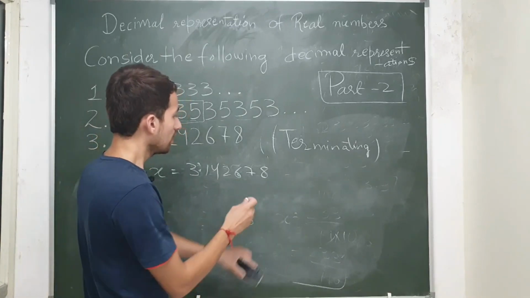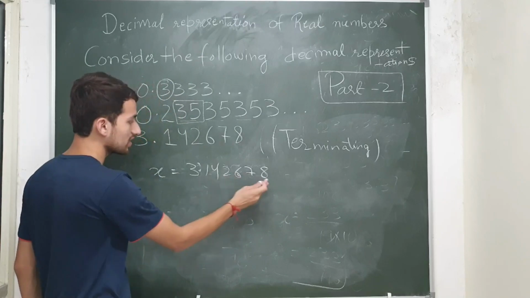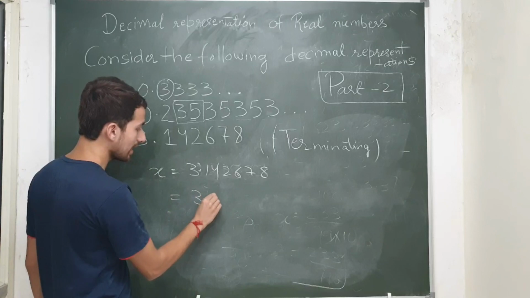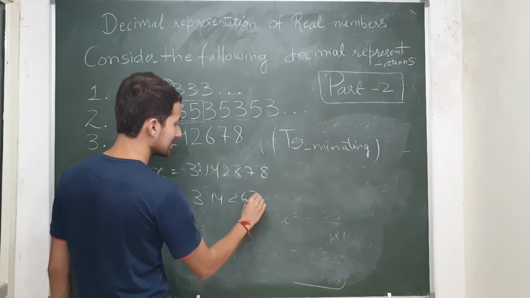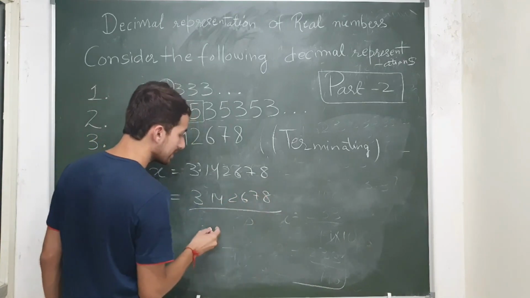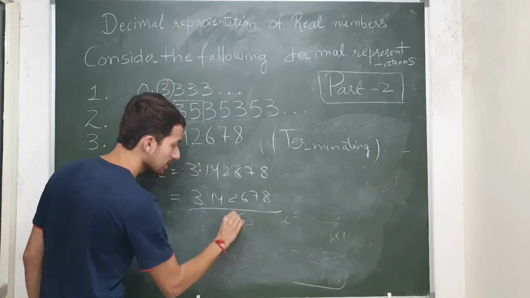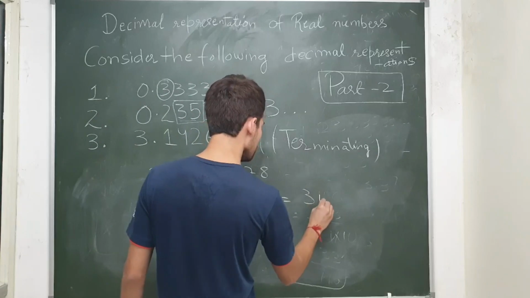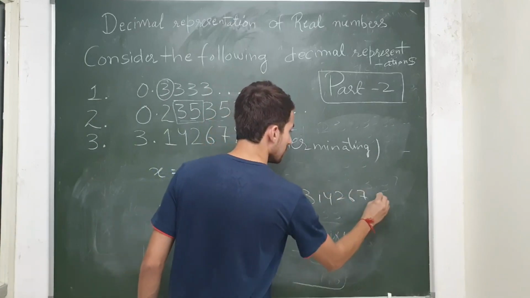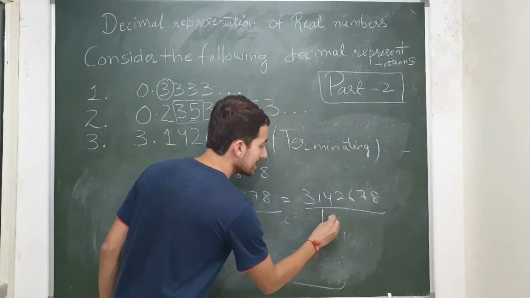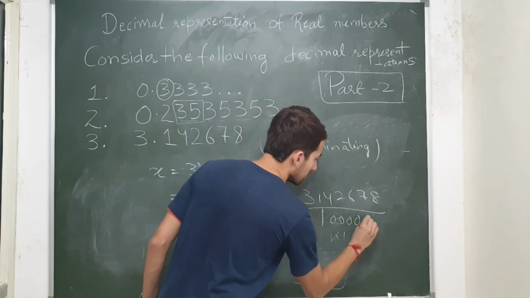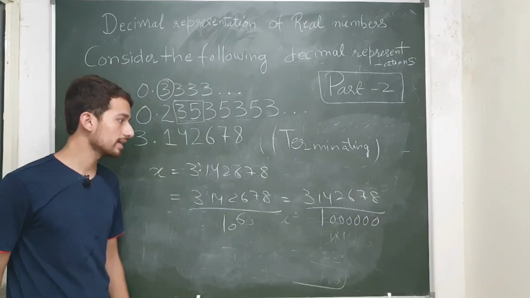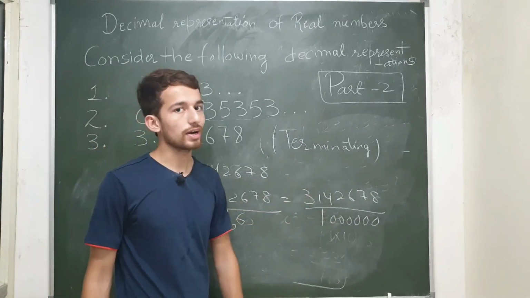If you see now 1, 2, 3, 4, 5, 6, after 6 places your decimal is there. So I will simply write this expression as it is and divide this quantity by 10 raised to the power 6. And if you expand this, that is, after 1 write 6 zeros. Fine, so this is your required p upon q form, and it is the required rational number.